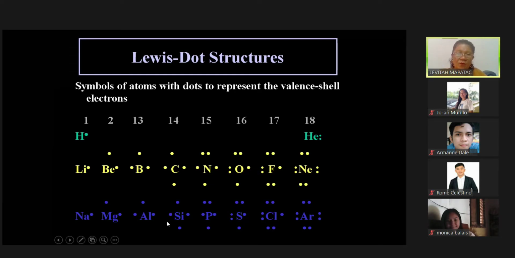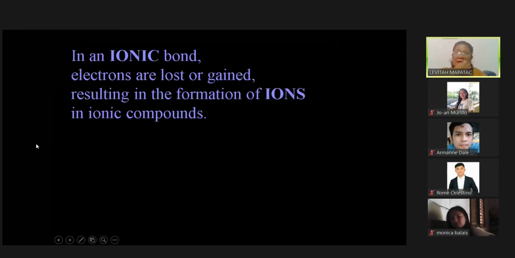Group 4, carbon, silicon. Group 5, nitrogen, phosphorus. Oxygen, group 6. Group 7, fluorine, chlorine. And group 8, except helium, it has 8 electrons. That is neon and argon. Okay, that's it. So it's easy to write the Lewis structure.